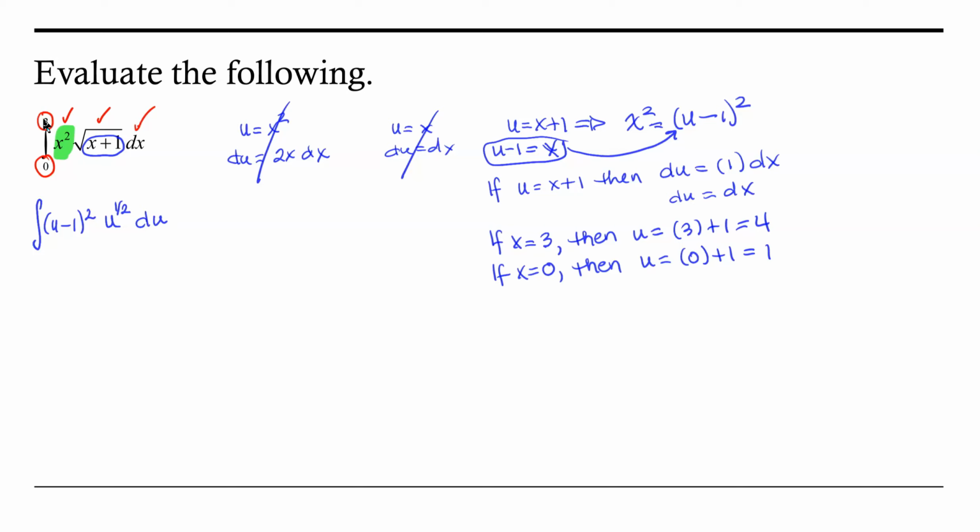So, for my lower limit, that used to be 0, and now it's 1. For my upper limit, that used to be 3, and now it's 4.